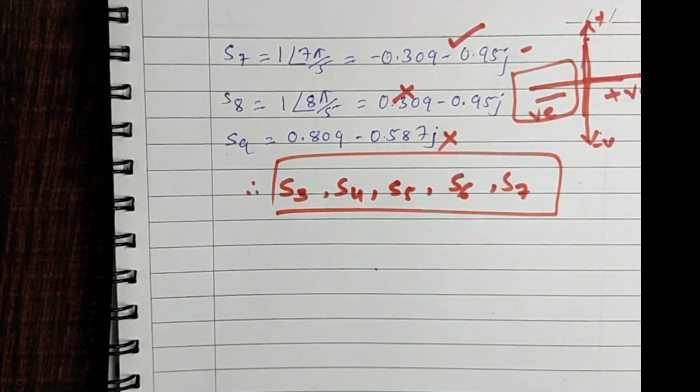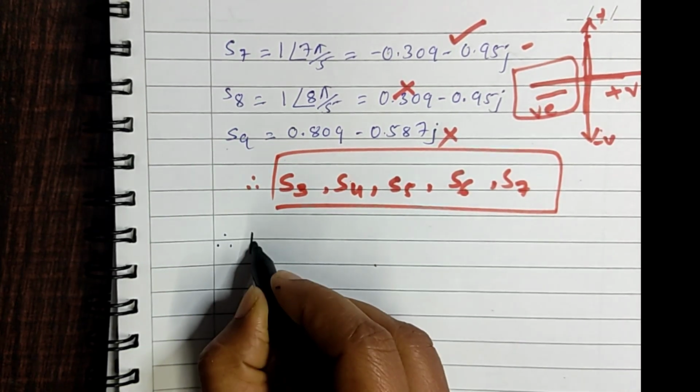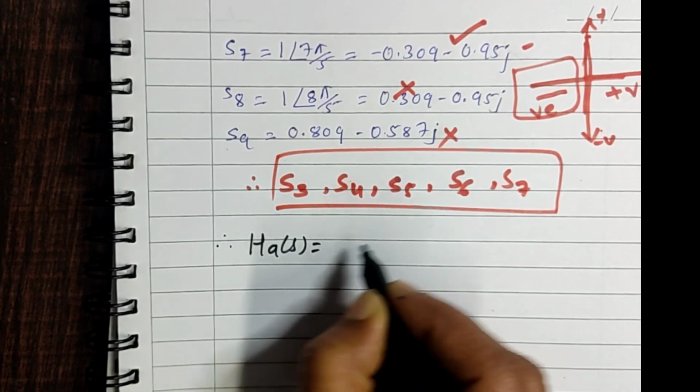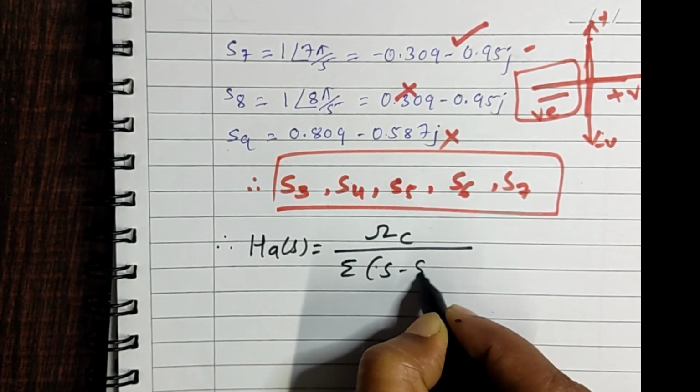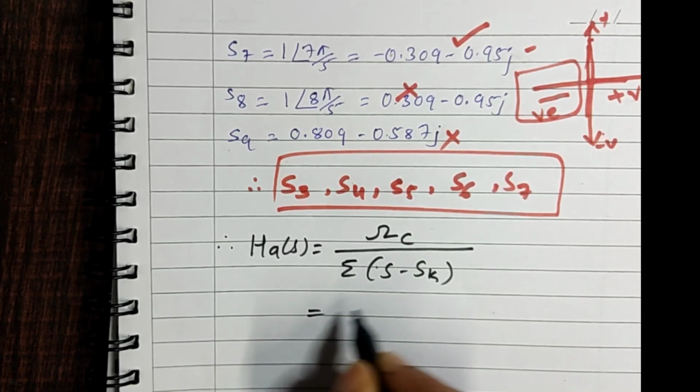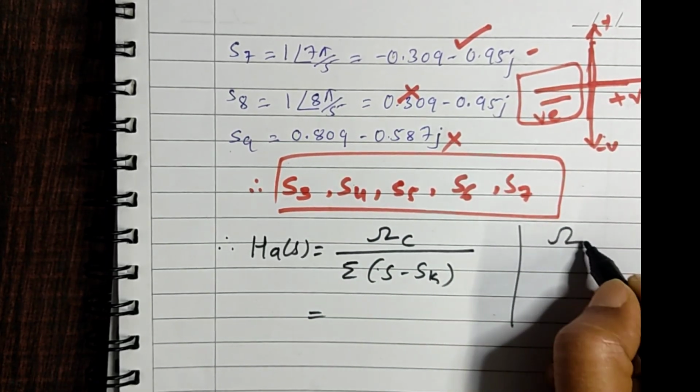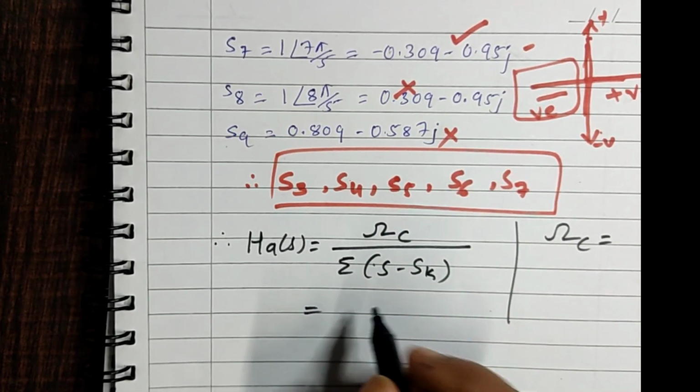According to the formula, Ha of S is equal to omega C divided by the product of S minus Sk. We need to calculate omega C, which we will do later.